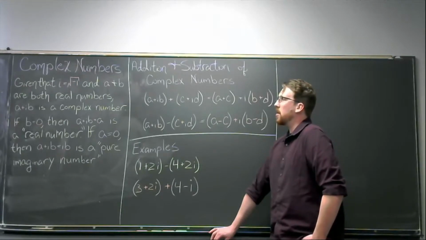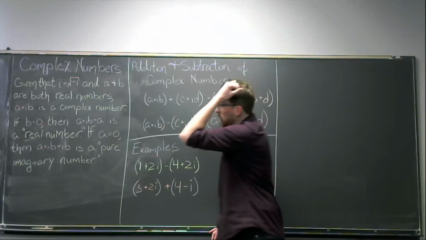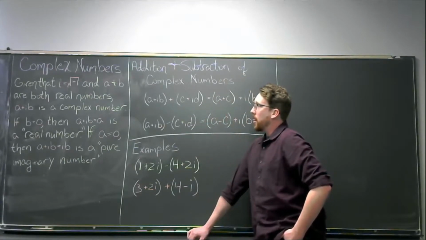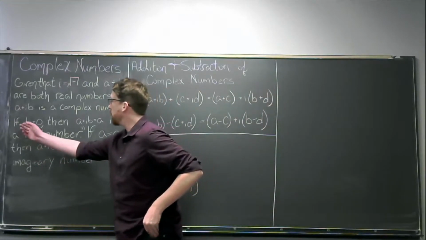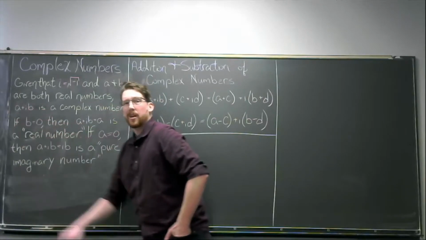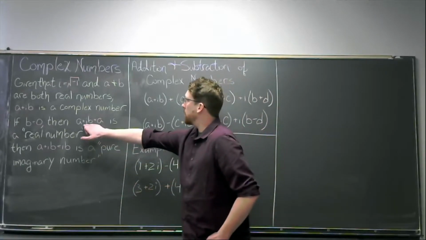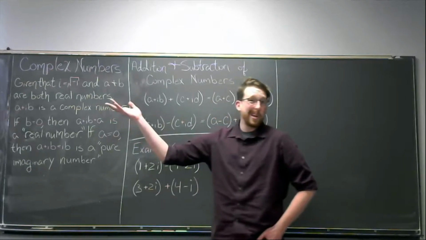So we've got this complex number. It's a real number plus an imaginary number. In the case that our b, the number that i is being multiplied by, is 0, then our complex number is just equal to that real number, and we say it's a real number.